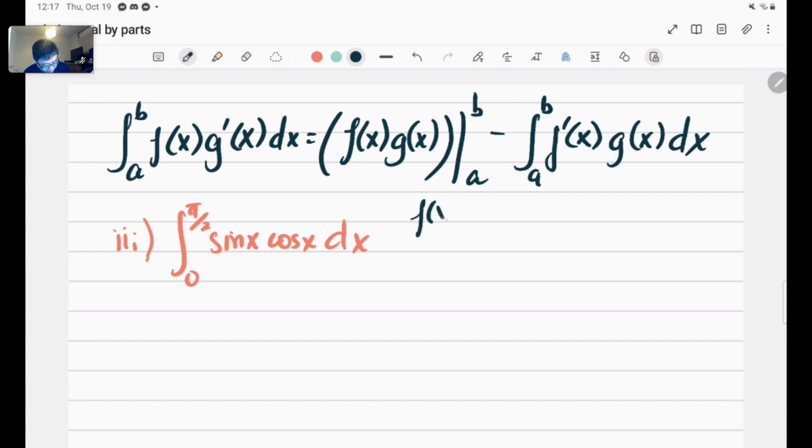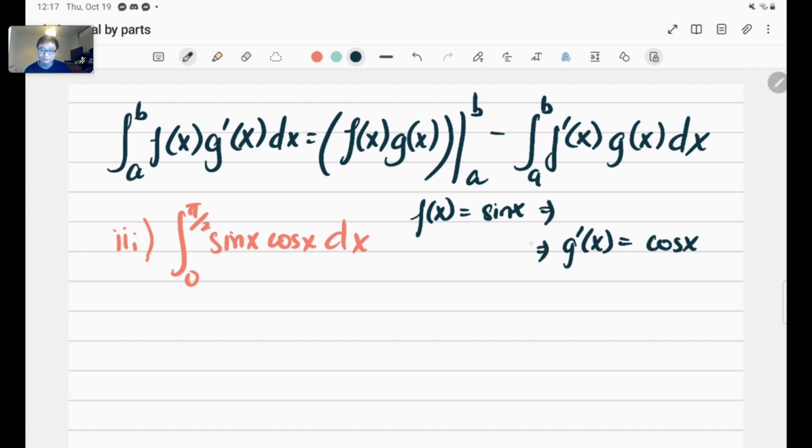So I'm going to choose f of x and g prime of x. I'm going to randomly pick f of x as sine of x, g prime of x as cosine of x, and feel free to pick the reverse. Feel free to pick f of x as cosine and g prime of x as sine, and then just work the math out. You should get the same answer.